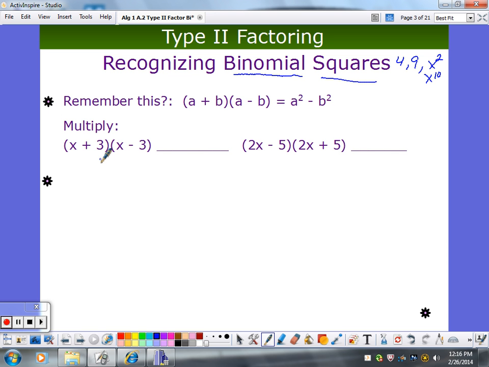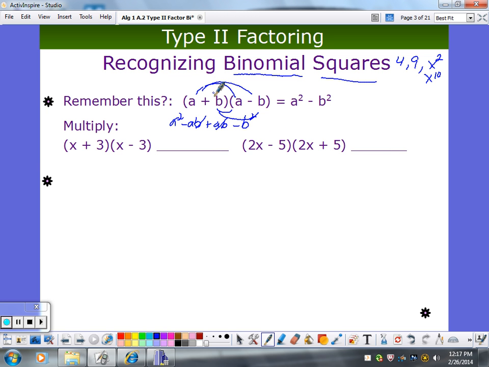But we're going to revisit this pattern. Remember the sum and difference pattern? Okay. So remember what happened if you do a FOIL on this? We had the first, we had the outsides, we had the insides, and we had the lasts, and our outside insides would cancel out.